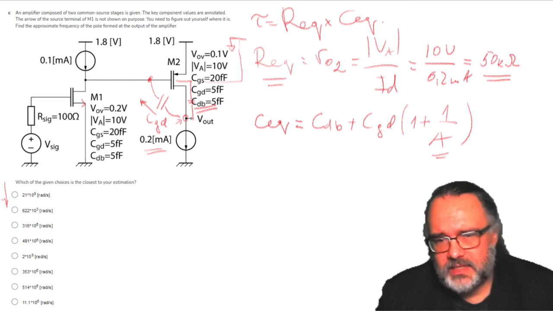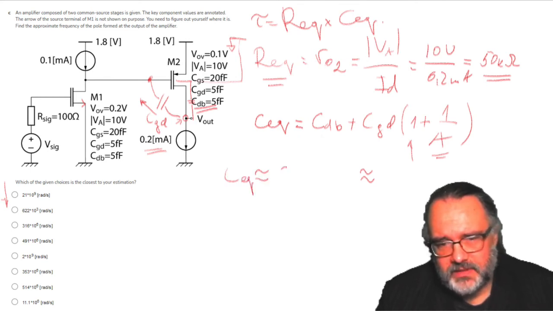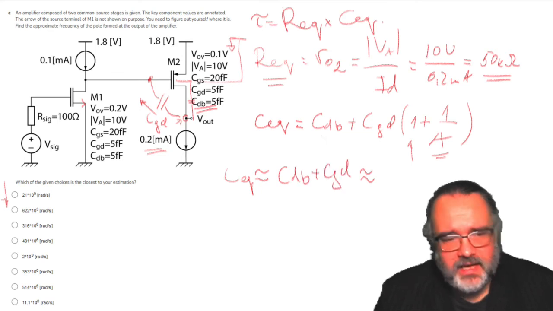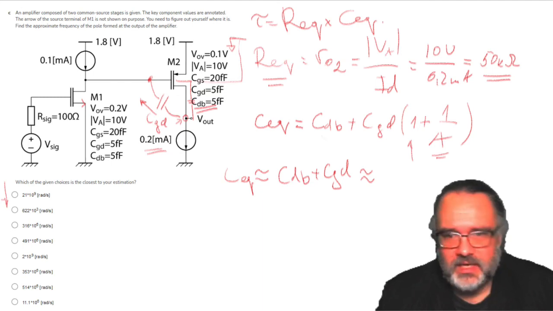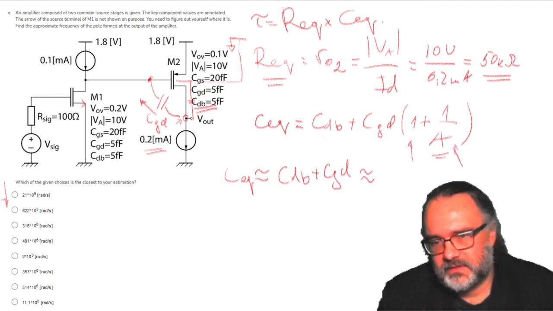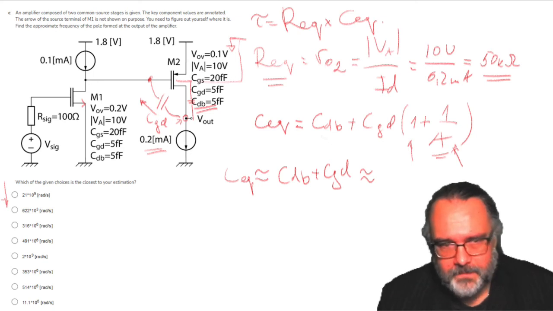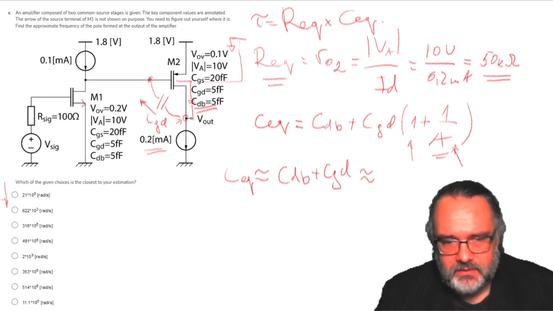In any case, the 1 will be dominant. So I can approximate that C equivalent is C drain bulk plus C gate drain. If I get a result that is close to 2 values, not 1 value, then I can revisit my approximation here. All right, so let's see what this is.